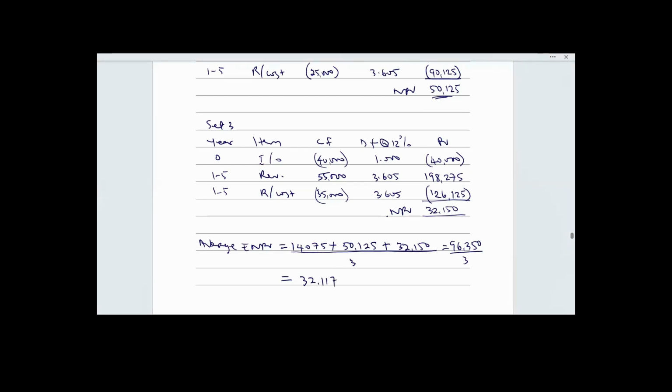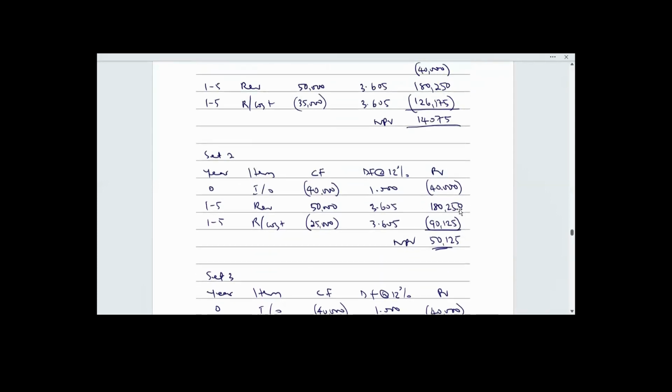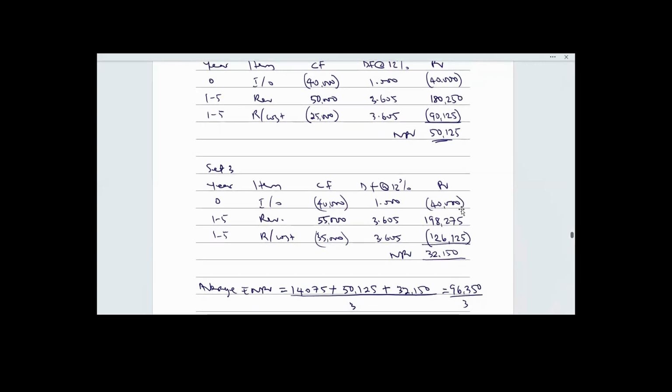So let's check the answer we got for set 3. 35,000 multiplied by 3.605 equals 126,175.